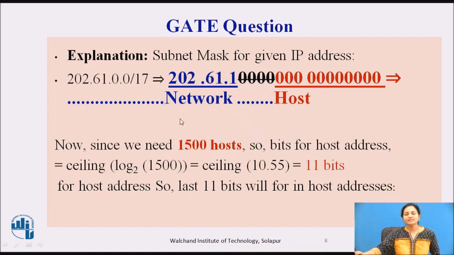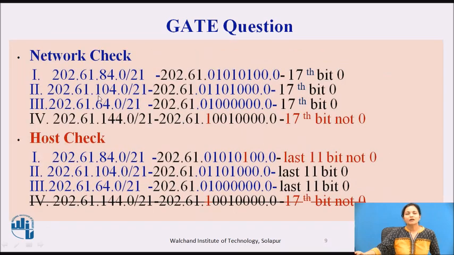So we'll check the question now. The options are given, which will be okay for our network. The first 4 options are given. First we will check which option is correct with regard to the network part. So we have 17 bits, and 202.61.